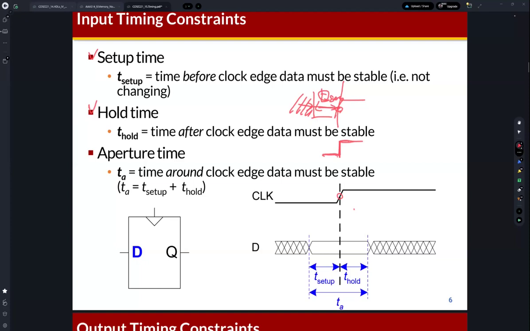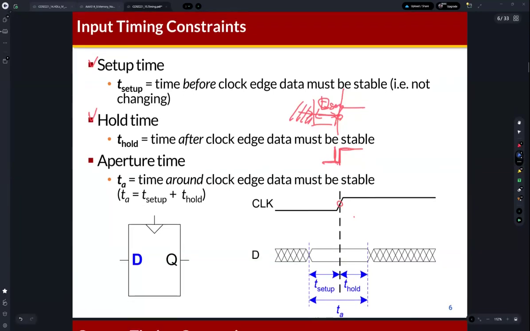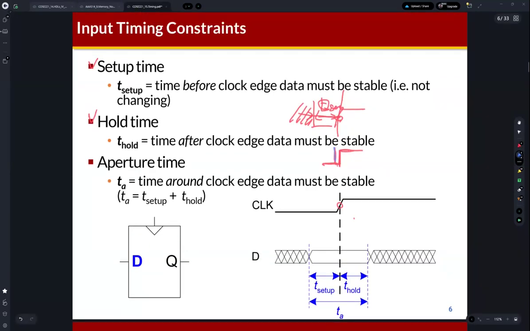So theoretically we can say that the input signal needs to be stabilized at this rising edge of the clock, but actually we need to consider some time before the rising edge of the clock.